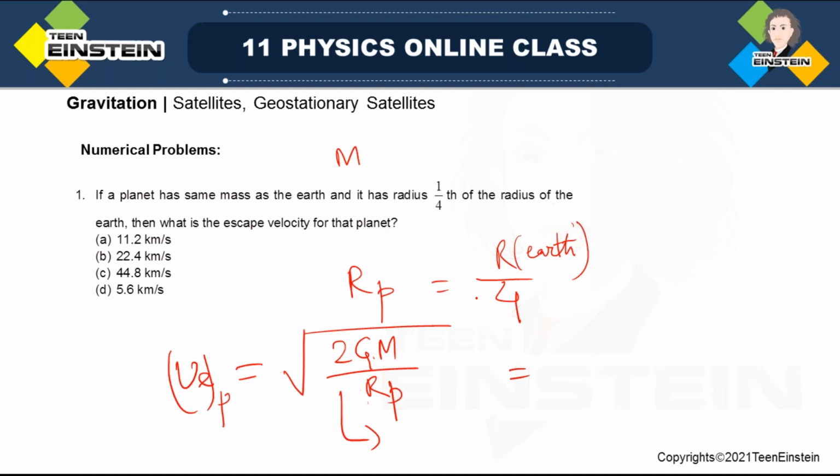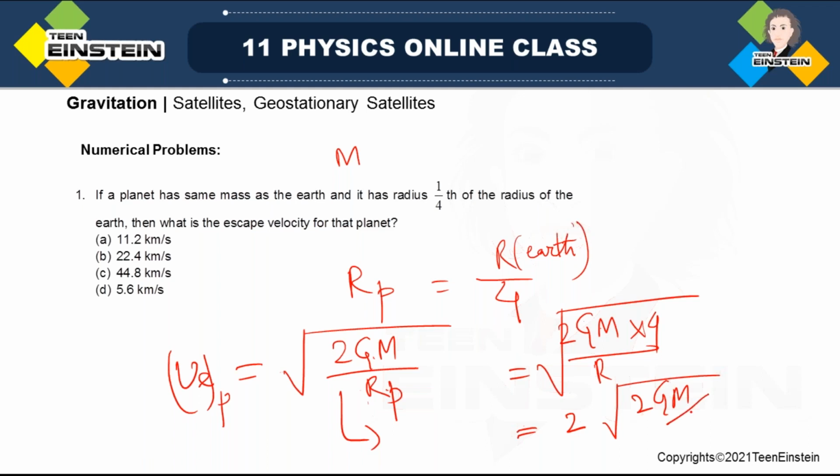So the planet has radius how much? G is common for all of them, and the mass of the other planet is also the same as the Earth, and then Rp will be R by 4. 4 goes in the numerator, so this will be the expression root 2 GM by R. So this seems to be the same as this, into v, the escape velocity on the earth surface.